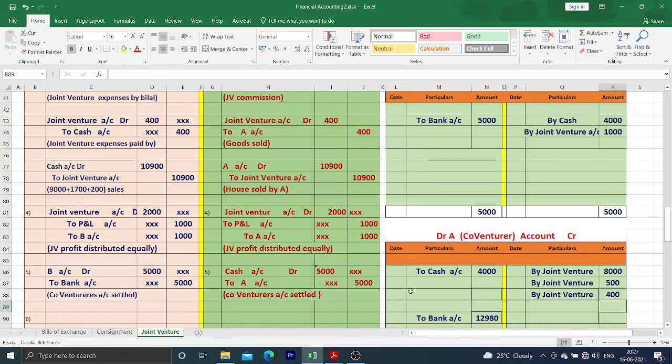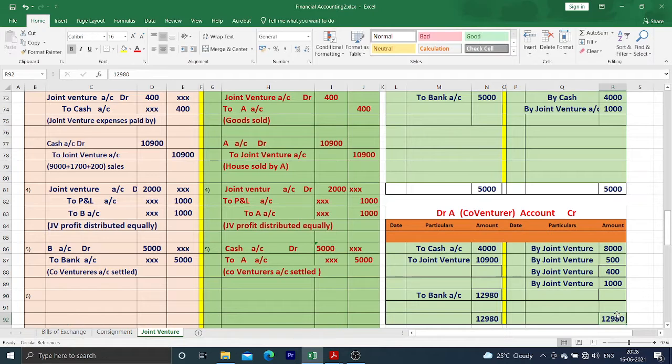A account data to joint venture 10,000 and 1,000. Commission by joint venture, 1,000 commission. 1,000 and 1,000.